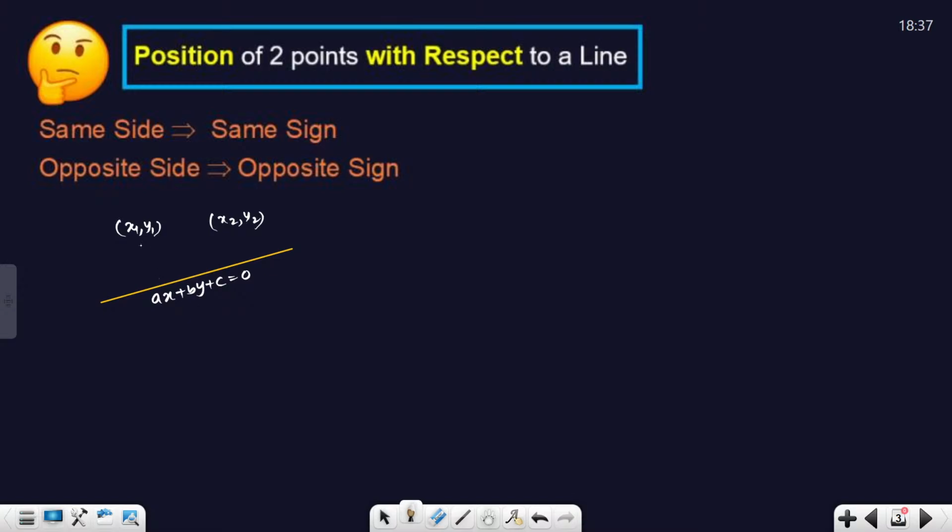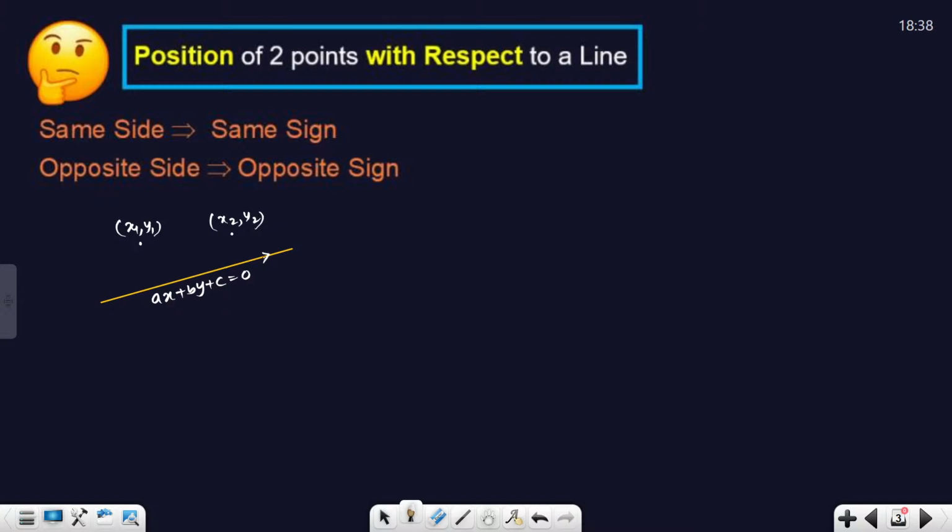Now, the question is whether these 2 points lie on the same side of this line or in the opposite side of the line. That's the main target for this topic.